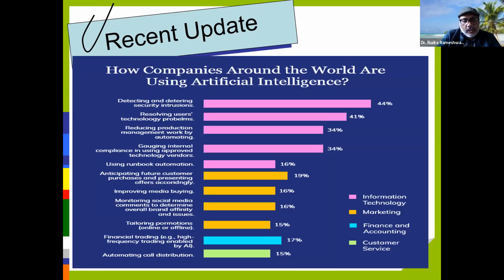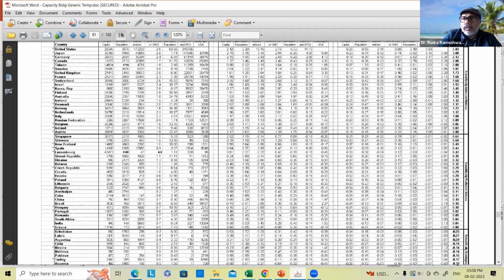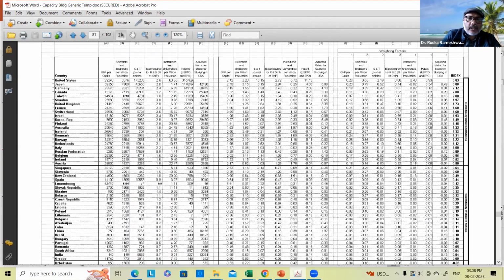Before going to this, I'll show you some interesting data. You can see this is the one data which I would like to share with you. This is the index of science and technology capacity. Some researchers have calculated these weighting factors with respect to GNP per capita, scientists and engineers per million population, like this.